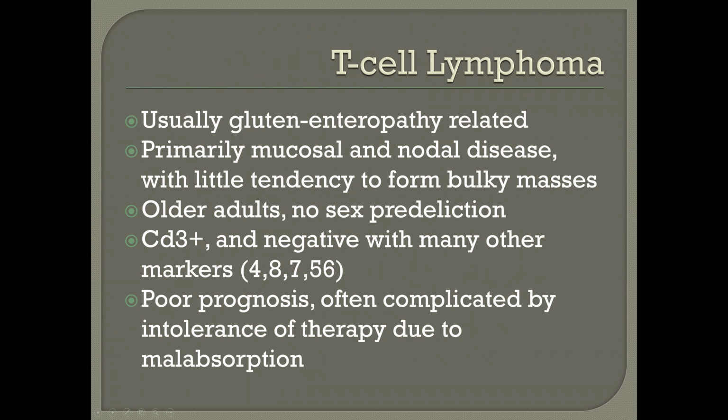These tend to be CD3 positive and negative with most other markers, of course, CD4, CD8, CD7, CD56, and they have a poor prognosis. Because these patients also have malabsorption due to their gluten-sensitive enteropathy, they do not typically have a high degree of robust health at the time of presentation.